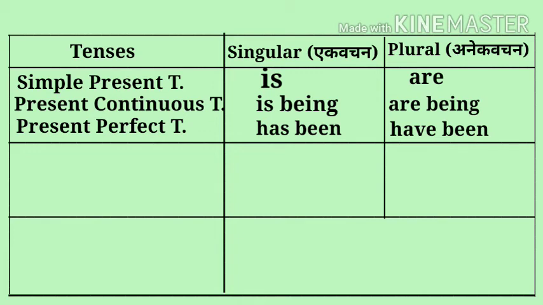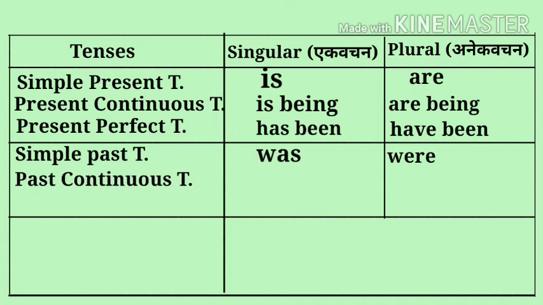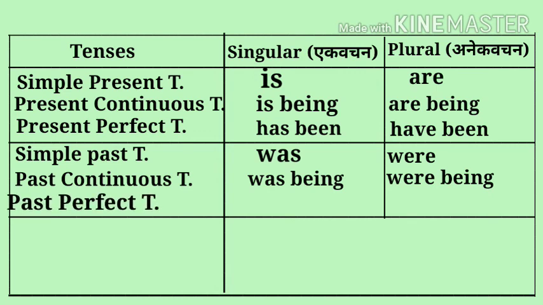Now the past tense, the first tense from the past tense is simple past tense. In singular, you have to use was, and in plural, you have to use were. Second tense, that is past continuous tense. If your object is singular, you have to use was being, and if it is plural, you have to use were being. The last tense from past tense, that is past perfect tense.